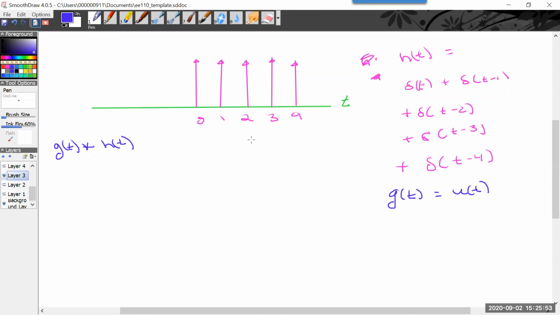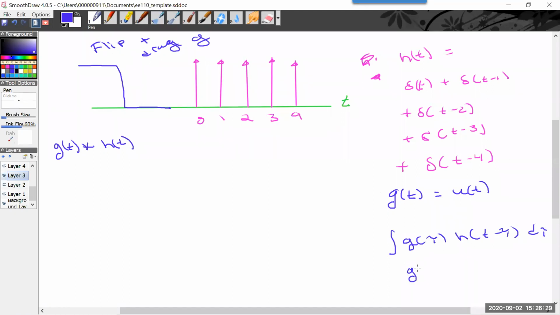In this case, I've said this is h, but I'm actually going to flip and drag g, because it doesn't really matter which one, you know, g(tau) h(t minus tau) d tau, or g(t minus tau) h(tau) d tau.